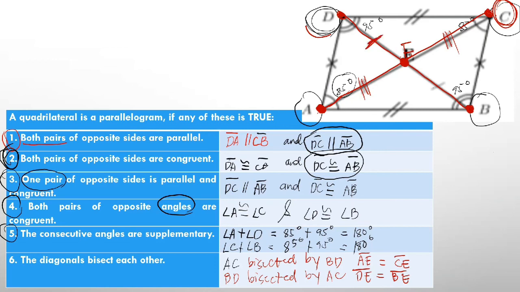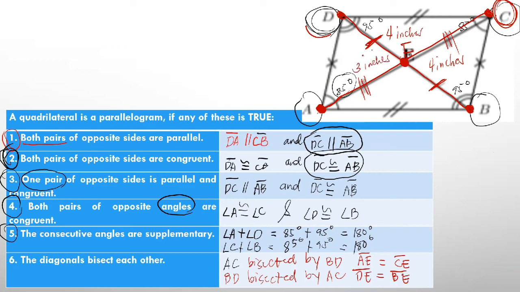So kung i-prove natin siya, if this is 4 inches, then the other half is 4 inches also. Okay? Dahil equal part nga. Then next is kung ito naman ay 3 inches, then the other one is also 3 inches.